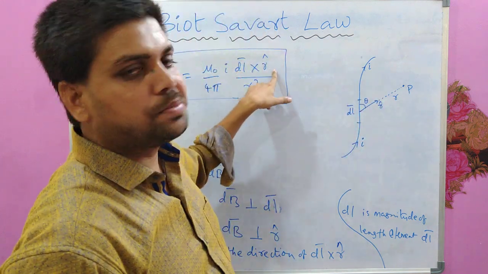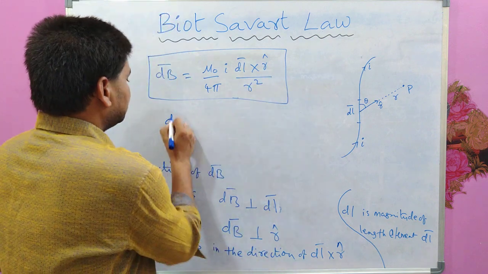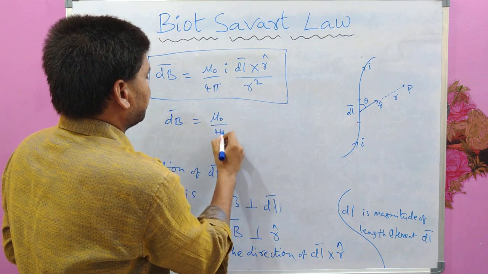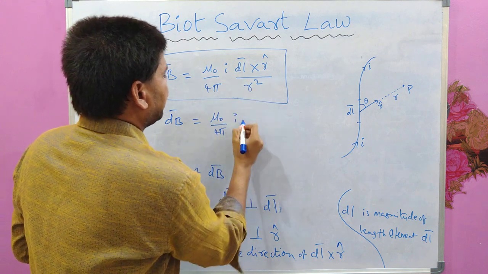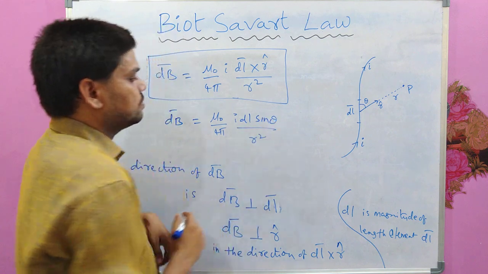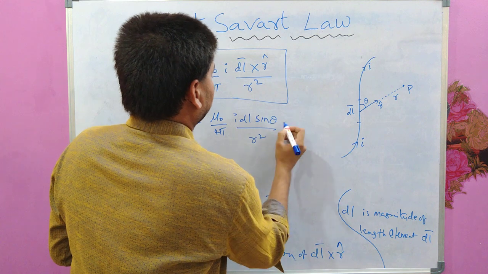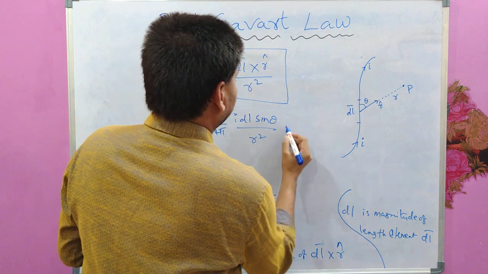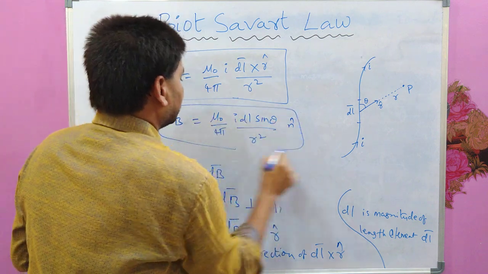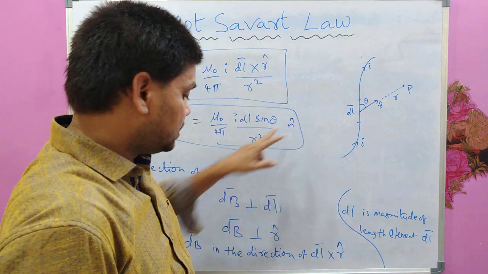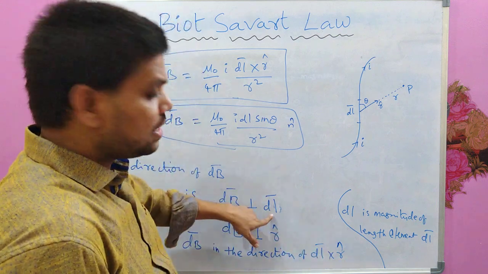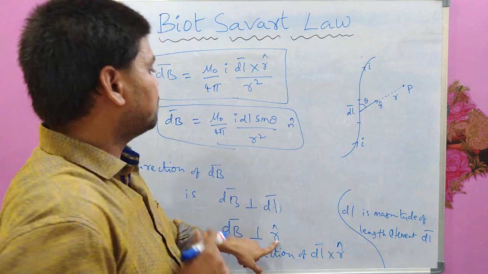If you expand this cross product, you will end up with the similar formula which was written earlier. It will be mu naught by 4 pi I dl sin theta by r square into n cap, where n cap represents the direction of the magnetic field, which is in the direction of dl cross r, but it is perpendicular to dl as well as perpendicular to r cap.